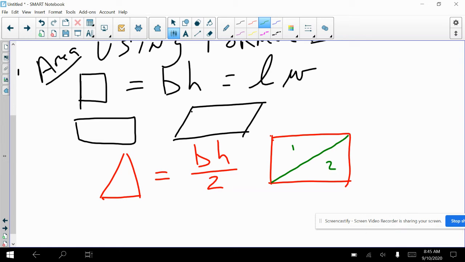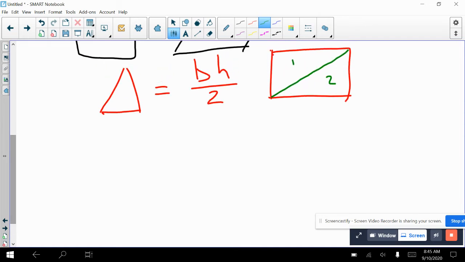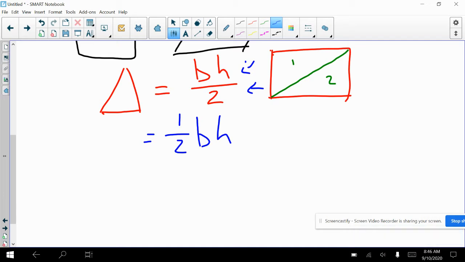All right. Now, there is another one for a triangle that you may not be familiar with. Your parents may be. This was not available when Mr. Fisher was a child, by the way. We take half of the base times the height. That's another one. So don't be confused if you see half of the base times the height.